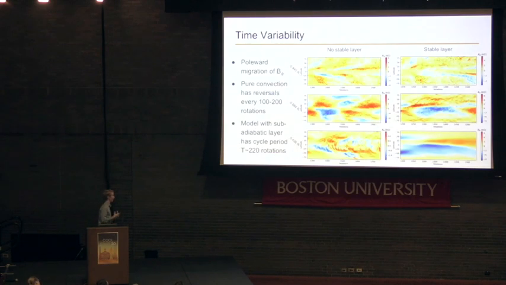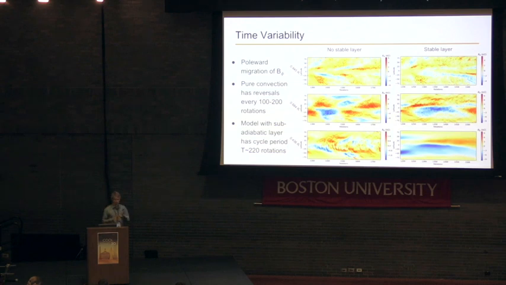So another thing I examined with these simulations was the time evolution of these fields. These are sort of butterfly diagrams. They're longitudinally averaged plots of the toroidal field versus latitude and time. We can see that in the left column are my simulations with no tachocline, and on the right, my simulations have a tachocline.